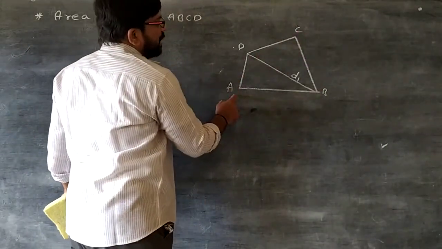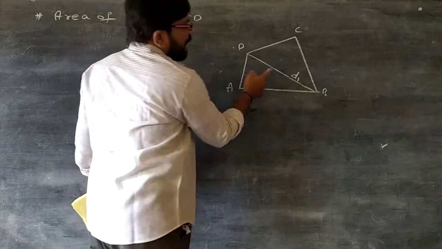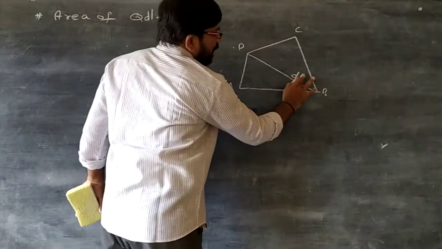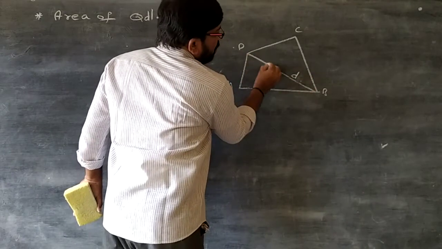ABCD is a quadrilateral and BD is a diagonal, that is, say D1 or D. It is one diagonal D, right?